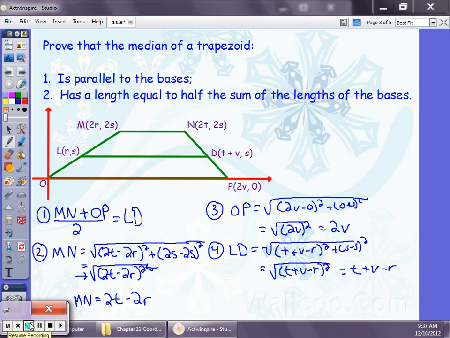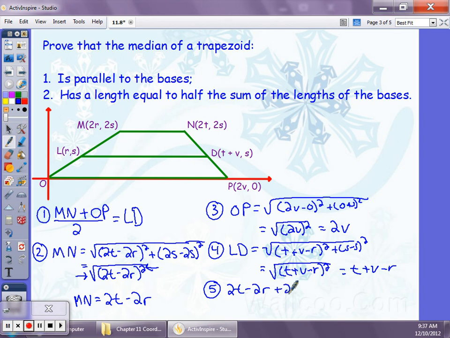So now for our fifth step, we're actually going to substitute in the distance of MN plus OP divided by 2 and see if it does equal the distance of LD. So MN has a distance of 2T minus 2R plus OP, which has a distance of 2V. If we divide that in half, we are hoping that that's going to equal the distance of LD, which was T plus V minus R. So on the left-hand side, we can see that the coefficient for T, R, V, and the denominator is 2.